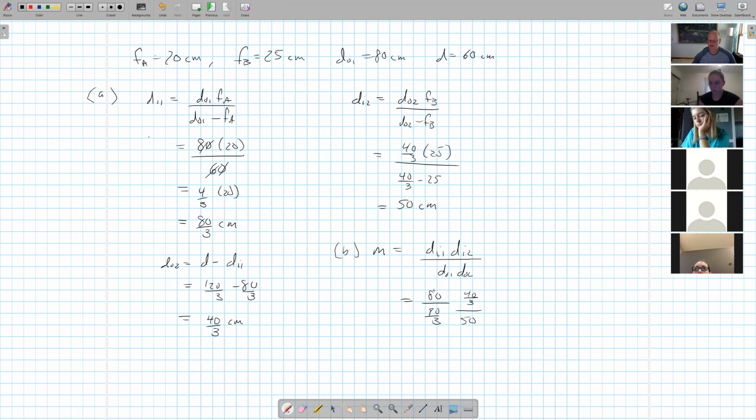Okay, so the 80s are going to cancel, the thirds are going to cancel. So in this case, if I did my math properly, according to what I did before, this should be equal to a half. Still puzzled by that.